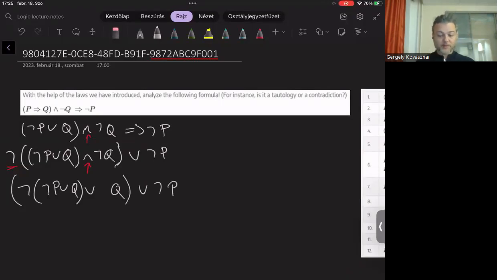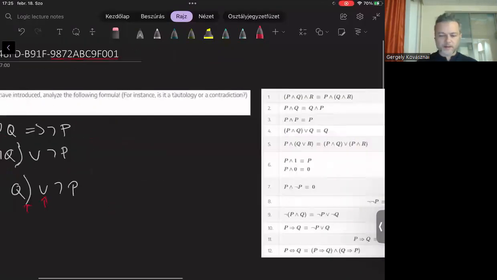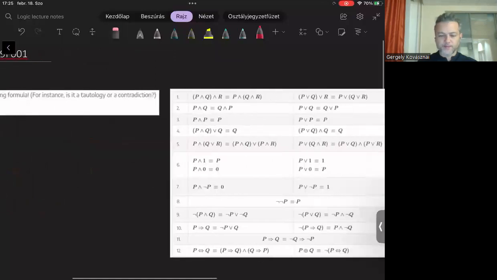Before continuing, we can do a very easy simplification here, because we have two disjunctions with a parenthesis between, and as you know, disjunction is associative.